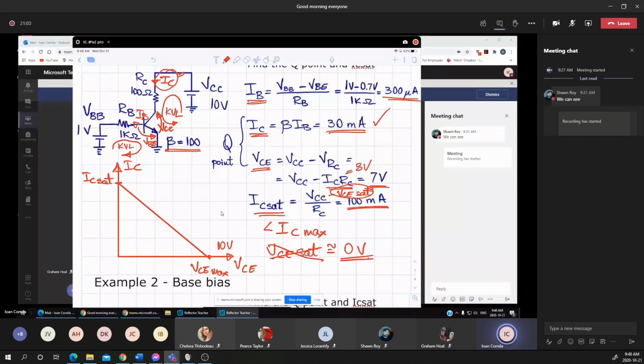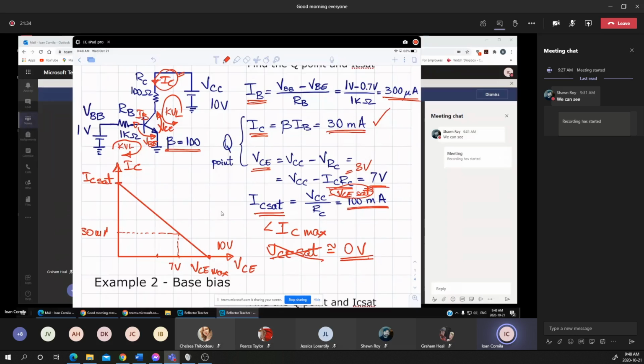In this example, suppose the transistor has 300 microamps, which makes a voltage of about 7 volts, with the corresponding current of 30 milliamps.